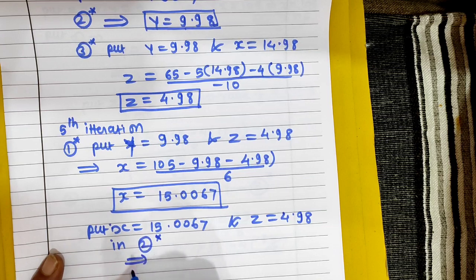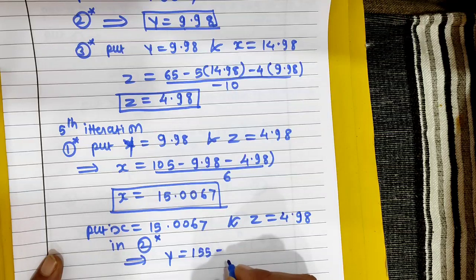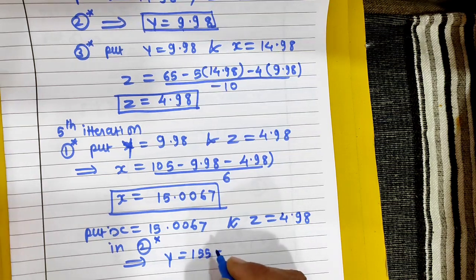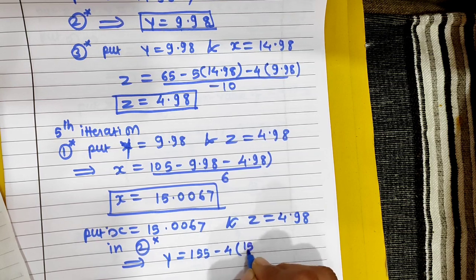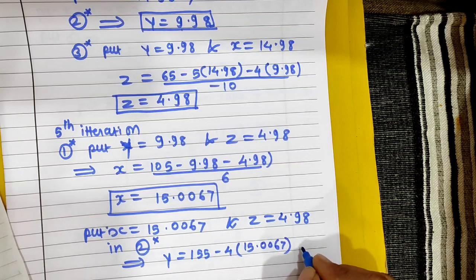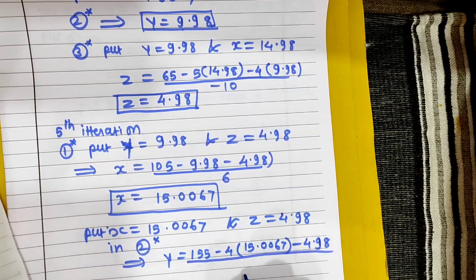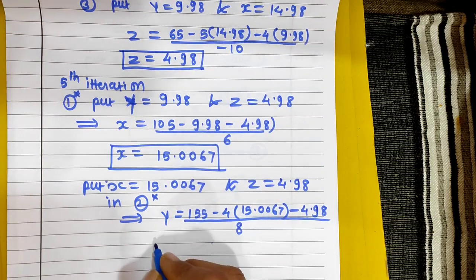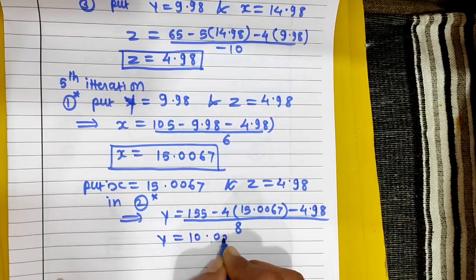So what does it give you? y equal to (155 minus 4 into x, x is 15.0067, minus z, z is 4.98) divided by 8. Use the calci, you will get the answer as y equal to 10.00.